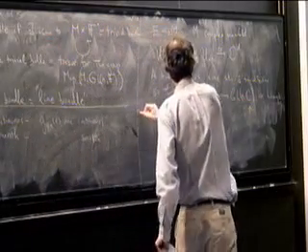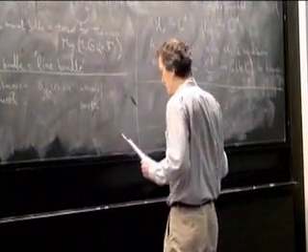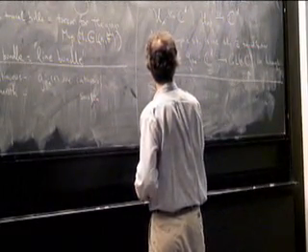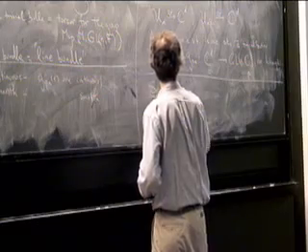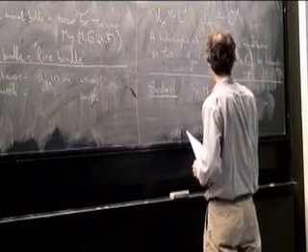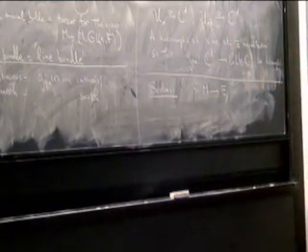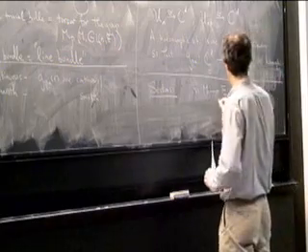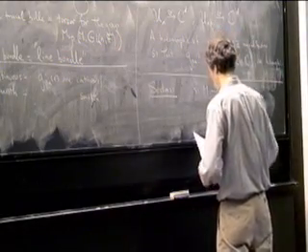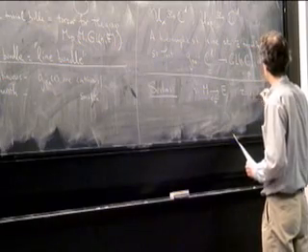Now let's talk a little bit about sections of vector bundles. Well, as with the general notion of a fiber bundle, a section of a vector bundle E over M is a map M to E, so that we have a right inverse of the projection.